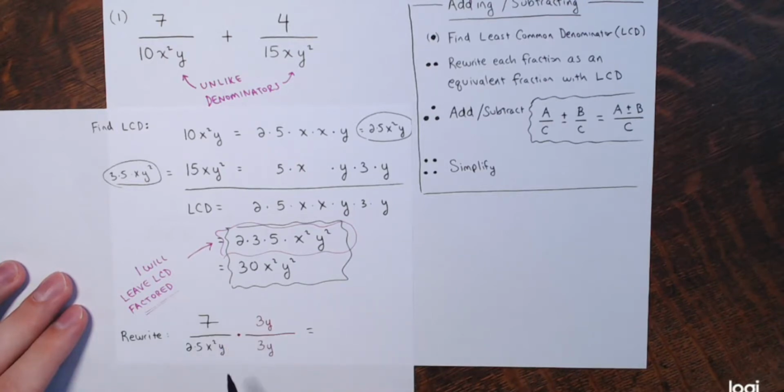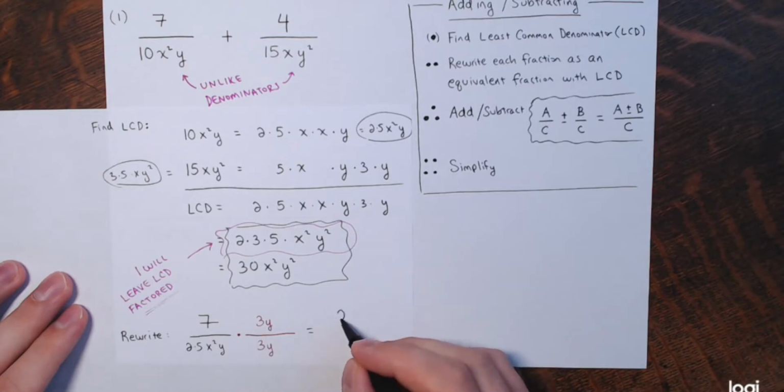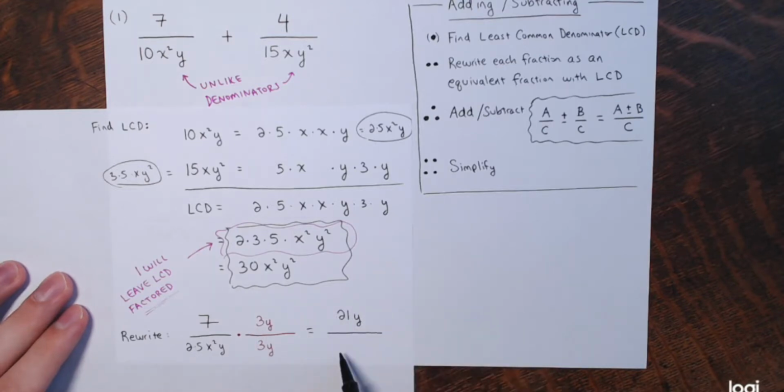So 7 times 3y, that's 21y in the numerator, and then the LCD, right, in the denominator. This is just going to make the LCD. So 2 times 3 times 5 times x squared times y squared.